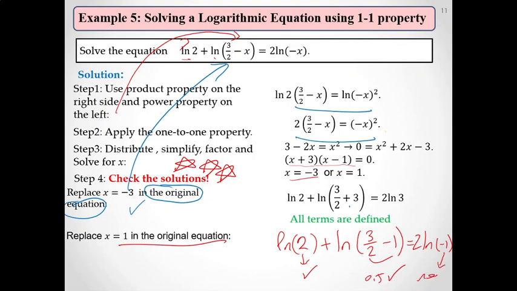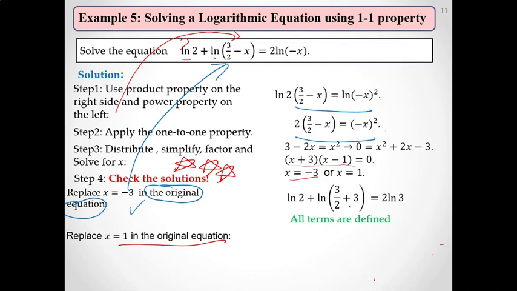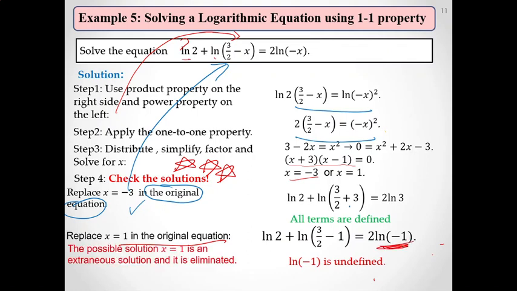This is negative. So ln is undefined here. For negative numbers, logarithm is not defined. So this is a wrong equality. This is not true. So we say this 1 is an extraneous solution. It's not a solution because here we have an undefined term inside the equality.